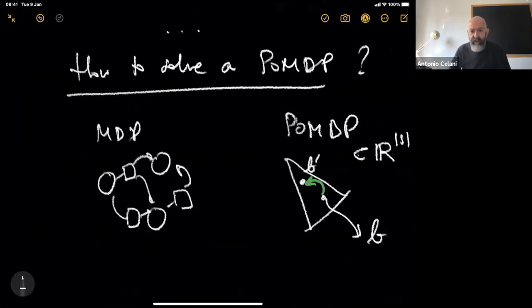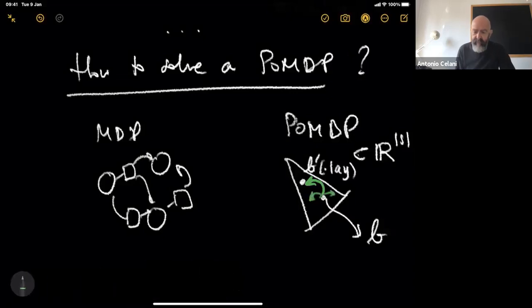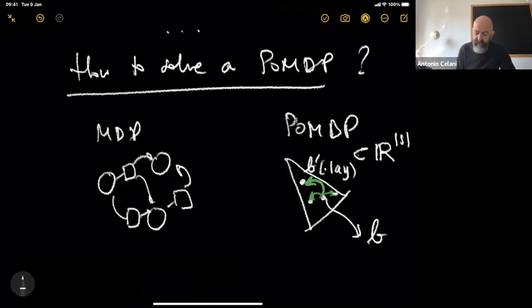And this new belief here depends only on the action you took and the observation you made. If there are several observations that can be made, this just means that you can jump into different points, as many points as observations there are. So if you look closely at this thing, you realize that Bayesian updating is a Markov process in the space of beliefs.